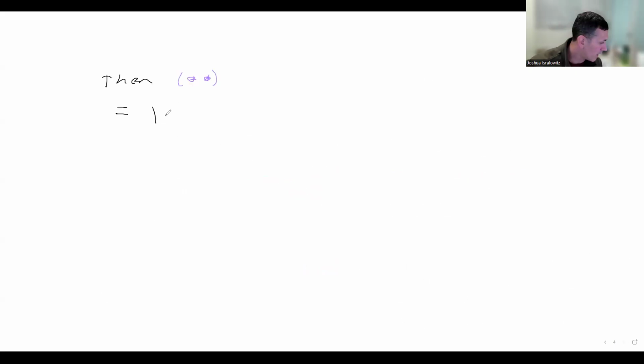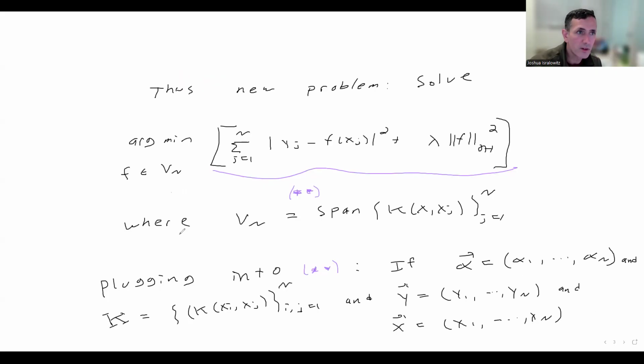Right, so this is going to be y minus K alpha. Don't really need the x vector.